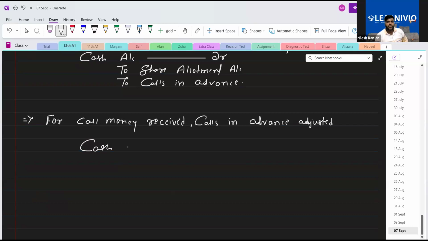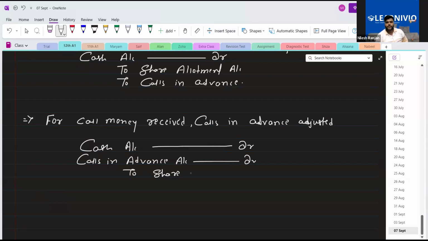Now, cash account debit, calls in advance account debit to share first call. So when we ask for the share first call or final call money, the amount already received in the previous call will be adjusted.